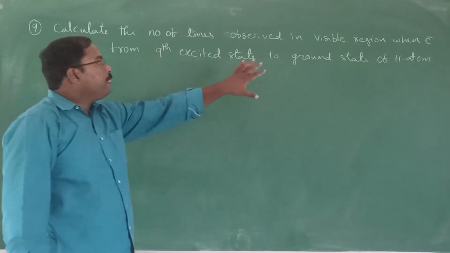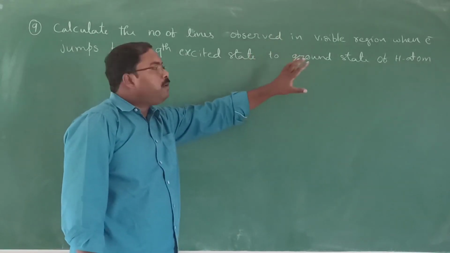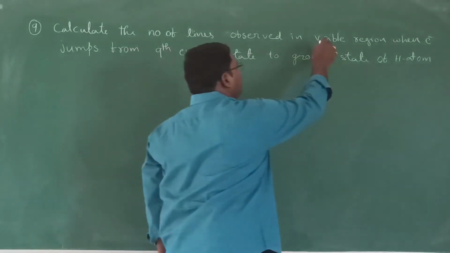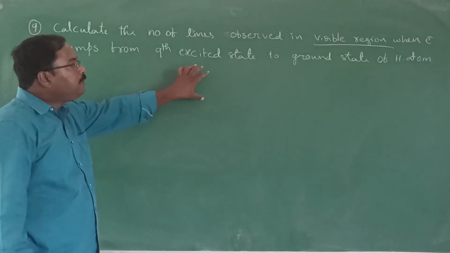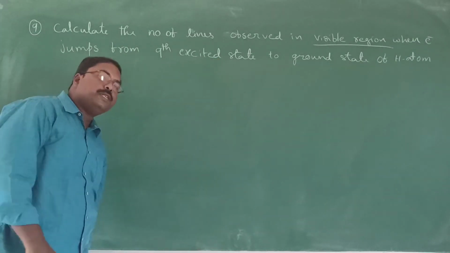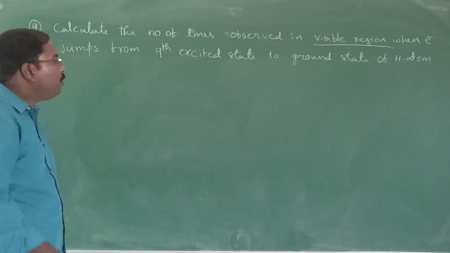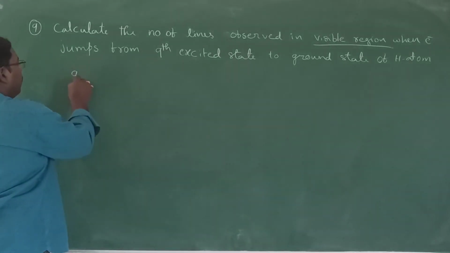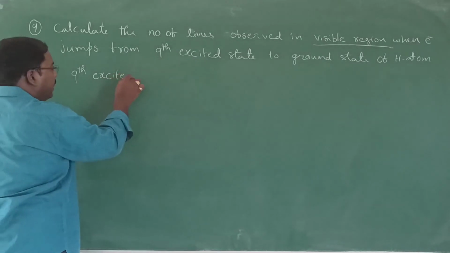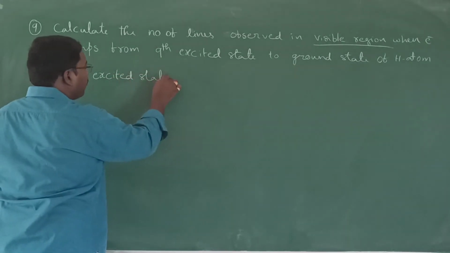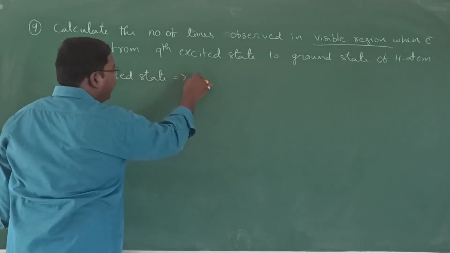Same thing. The number of spectral lines observed in the visible region this time, when the electron is jumping from ninth excited state to ground state. Now you got clarity. Ninth excited state, what is the orbit number?